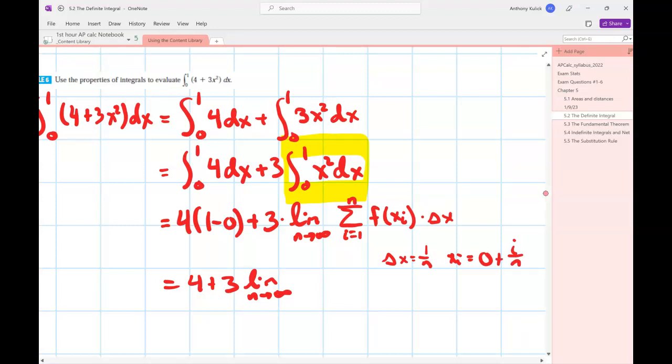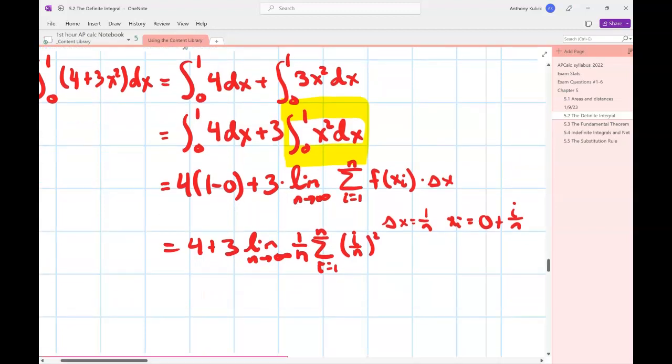So just i over n. So 1 over n sum from 1 to n of i over n squared. i over n squared is just i squared over n squared.